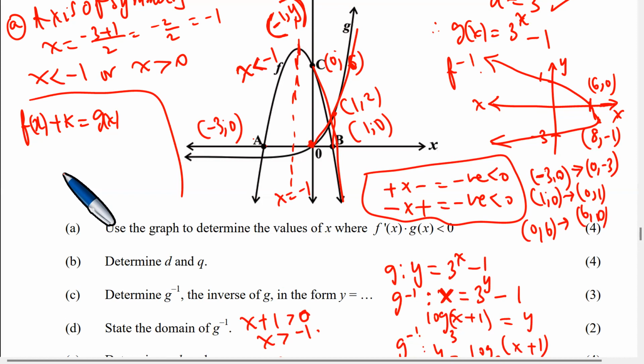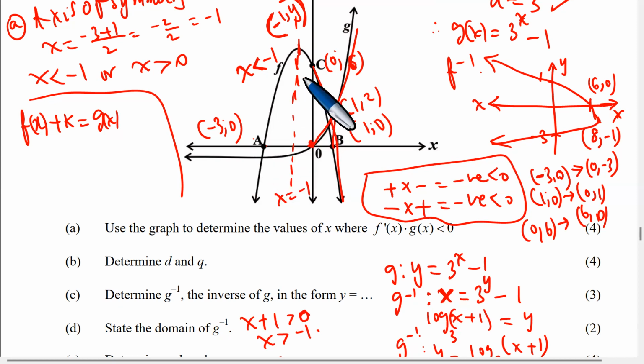Okay, it means a couple of things as the examiner has written it. So you're going to move the function f up or down so that they intersect, but they intersect at regions where the x values are different. Let's analyze what that is supposed to mean. Look carefully as we interpret this.